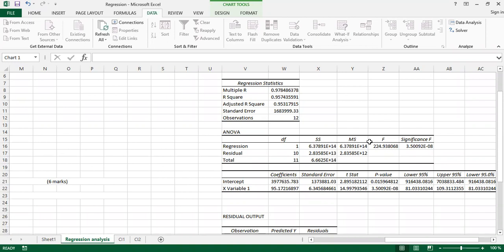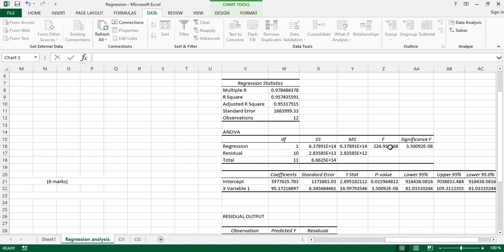And the F is the F value of the distribution. This is used to measure if the model, this regression model, is statistically significant, isn't it?